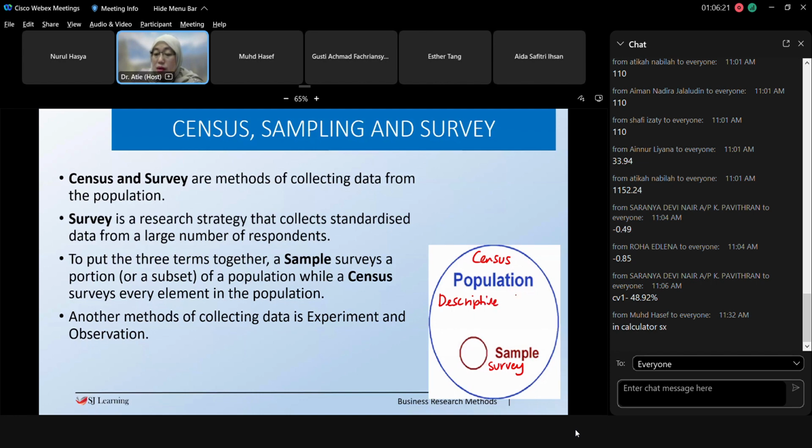I'm just repeating what we have learned before. If you have a sample, you can use inferential statistics. If you don't have a sample in your study, you cannot use inferential statistics. You can only use descriptive statistics.